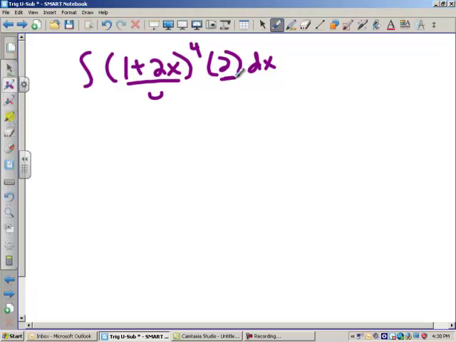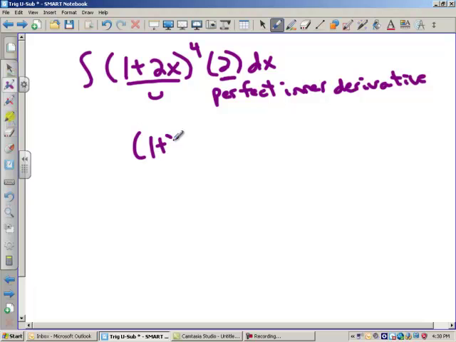This is exactly equal to the derivative of u. So this is a perfect inner derivative. So you really don't have to substitute if you have this situation. If you have a perfect inner derivative, just add 1 to the exponent and divide by that. So that's 1 plus 2x to the 5th over 5 plus c. If you go through all your u substitution, you'll get the same answer.